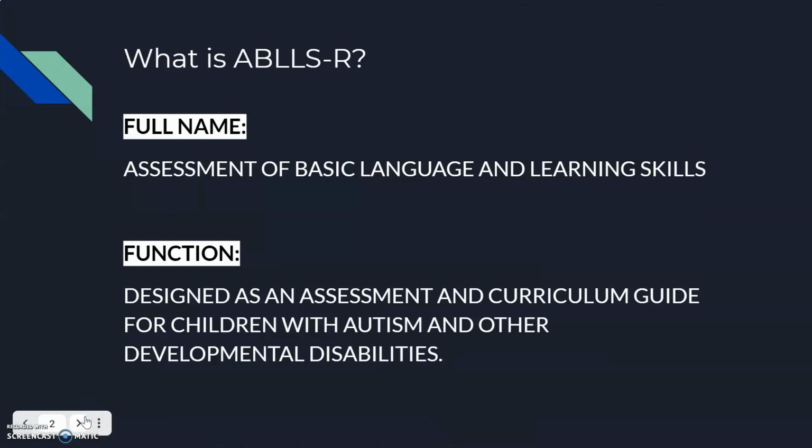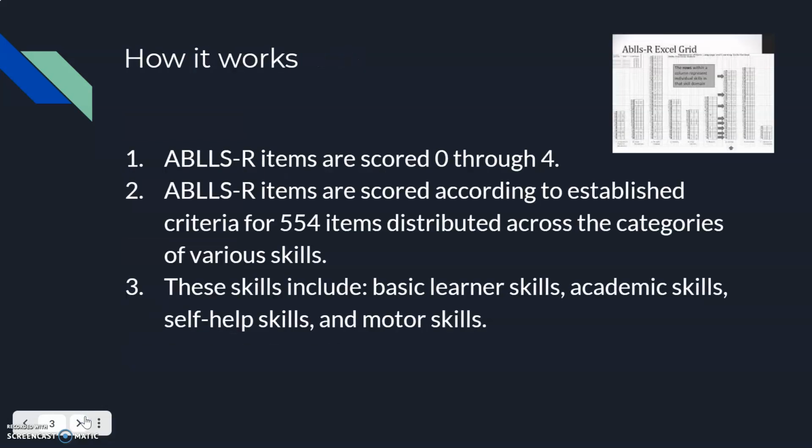So what is ABLLS? Well, it is the assessment of basic language and learning skills, and it is designed as an assessment and curriculum guide for children with autism and other developmental disabilities. So how it works is ABLLS items are scored on a scale from 0 through 4.